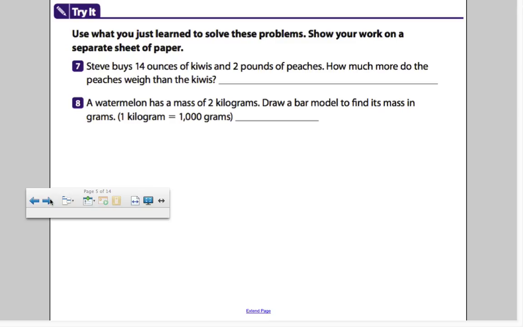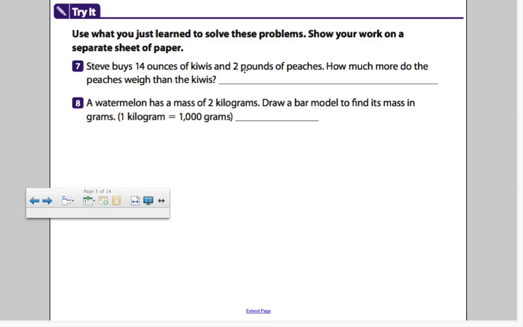Steve bought 14 ounces of kiwis and 2 pounds of peaches. How much more do the peaches weigh than the kiwis? Ooh, this is a multi-step problem. They want to know how much more, and that's subtraction. But you can't subtract right away, because ounces and pounds are not the same thing.